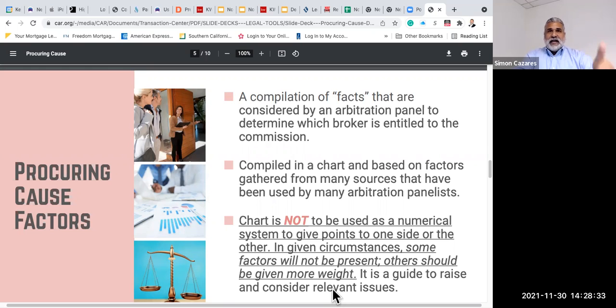You have either a retired judge, retired arbitrator or mediator, or a retired attorney listening to the case. It's no different than going into court, but without going to court. Usually these arbitrations are done at some type of association, such as your board, wherever you're a member, whether it's Los Angeles, the South Bay, or Long Beach.